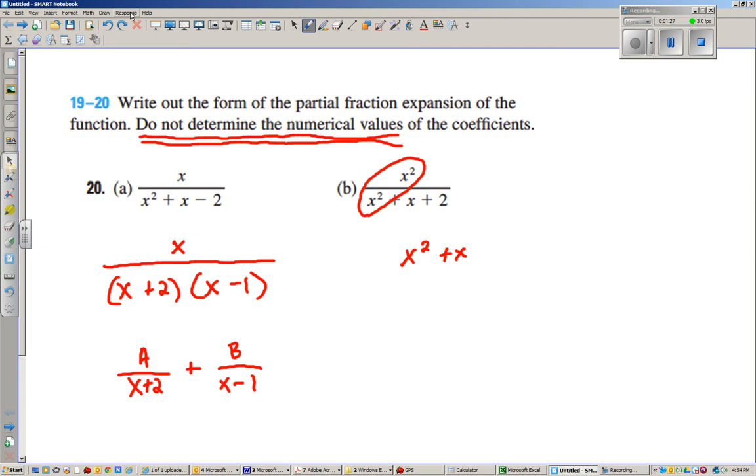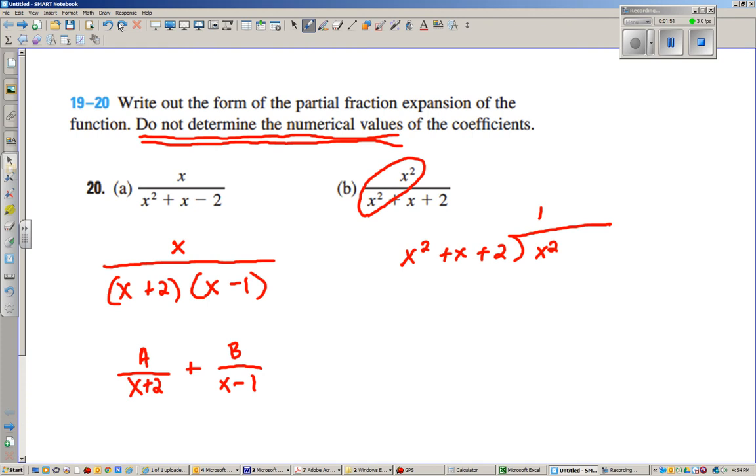The next one, the b, notice that the degree of the numerator and denominator are the same, and this is where we need to pull off what I call the long division. And so we need to take that denominator and divide into that numerator, and the first term, x squared, goes into the first term, x squared, exactly once.